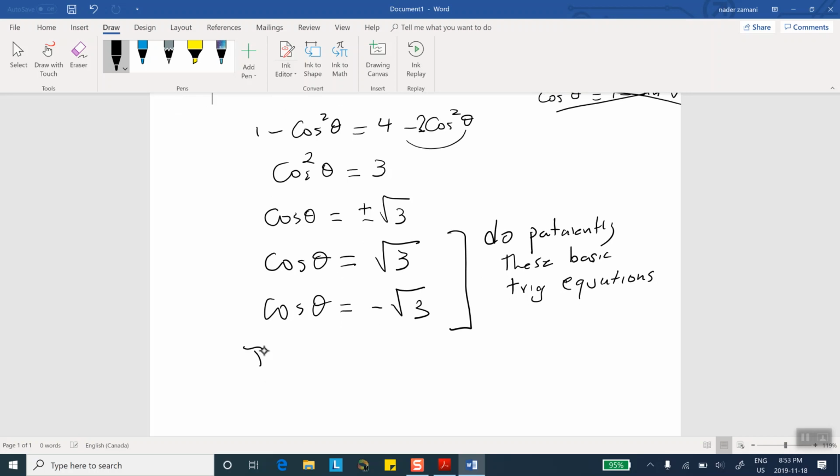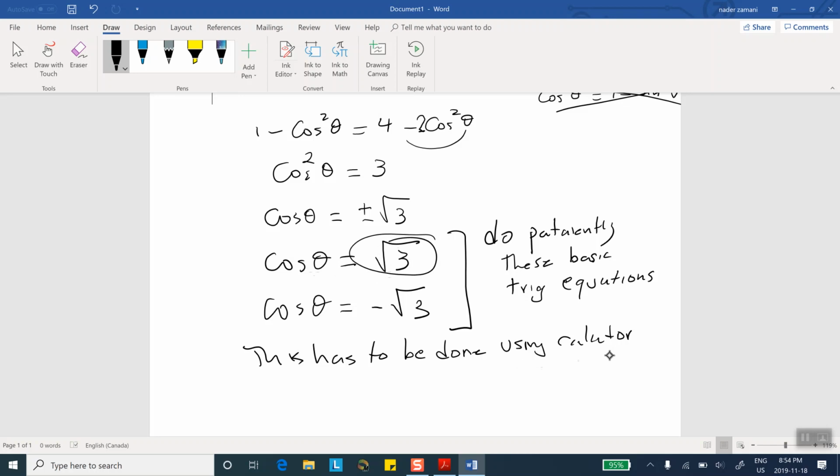want to point out this has to be done using a calculator, because notice that I do not recognize an exact angle theta whose cosine is root 3.